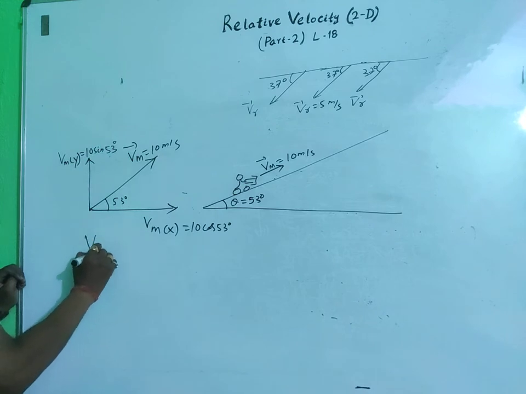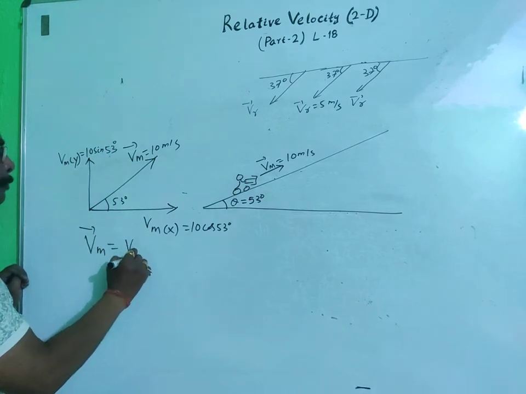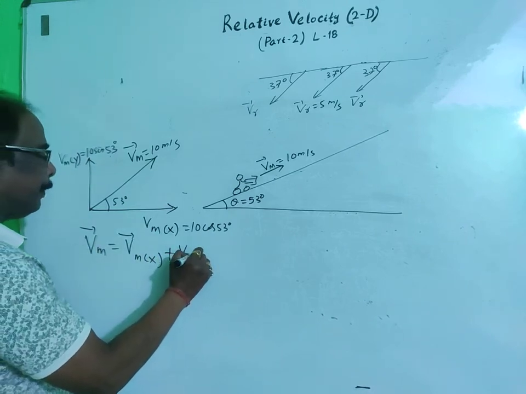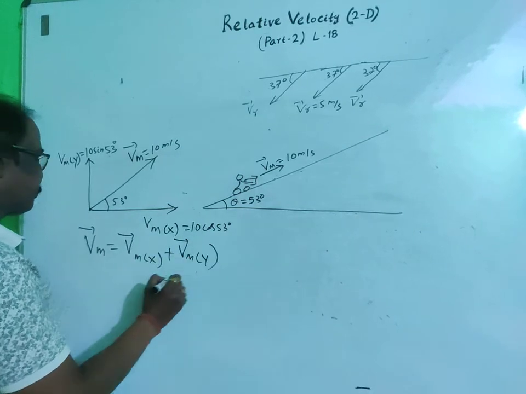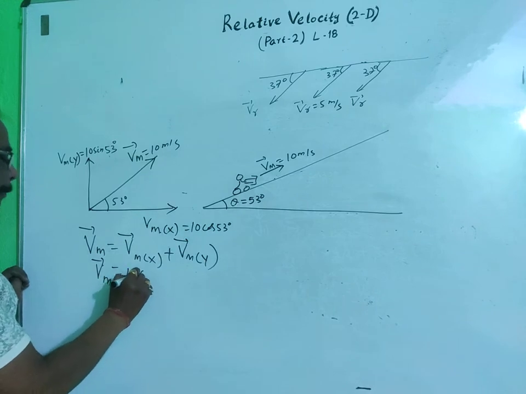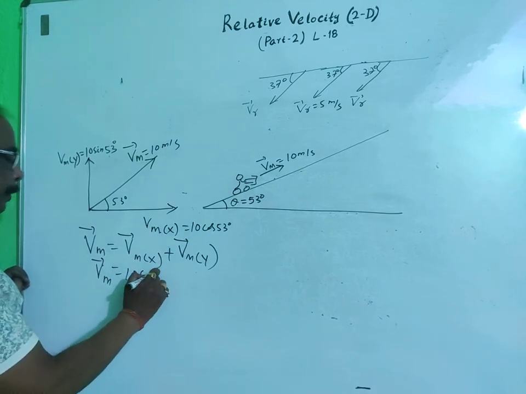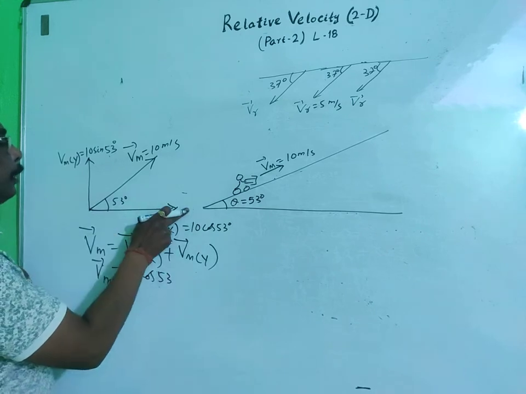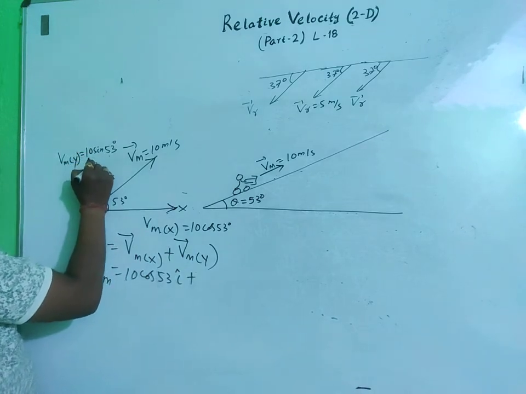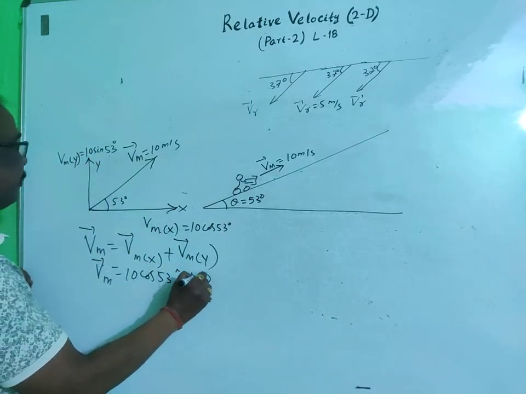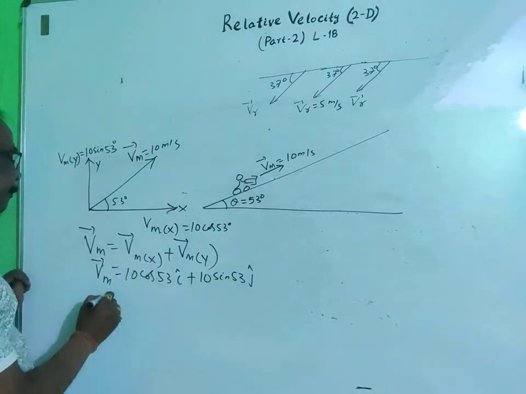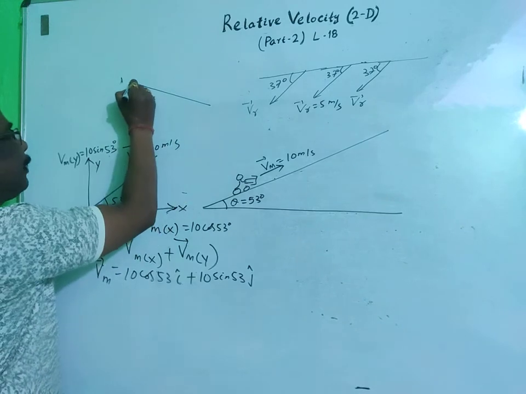Then velocity of man in vector form we may write velocity of man along x-axis plus velocity of man along y-axis. So velocity of man is equal to Vmx, 10 cos 53 degree, direction is along x-axis, i cap. Then this is along y-axis, 10 sin 53 degree, direction is j cap. Again, don't forget this triangle rule.